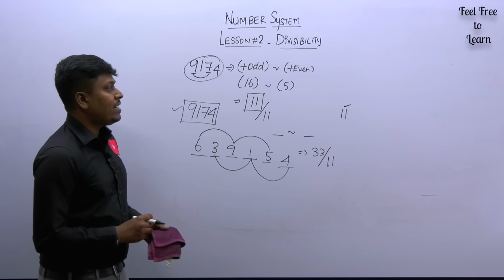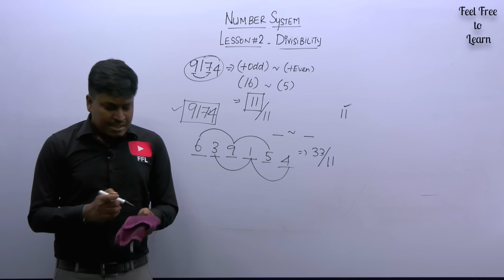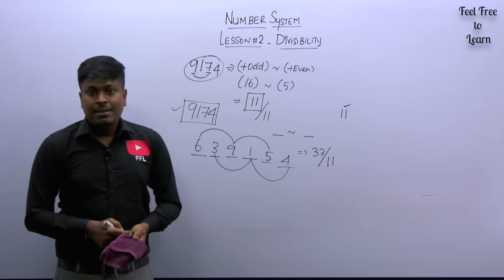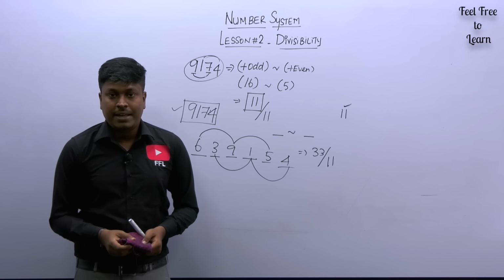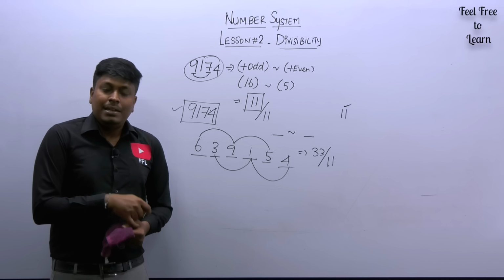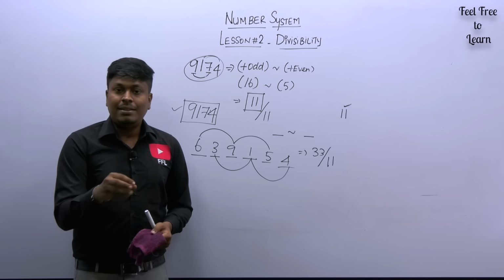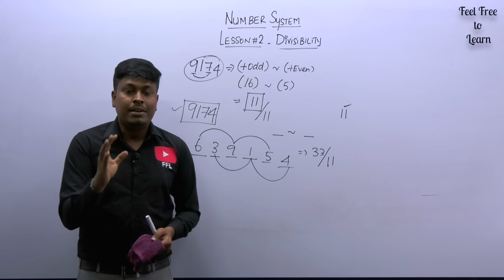So got it, friends. Finally, we have learned the divisibility rule of all the numbers. Very simple and very easy. So spend your time, right? Again I am saying, spend 4 or 5 hours learning this divisibility rule. If you learn it properly, then you can solve most of the tough level calculations easily.